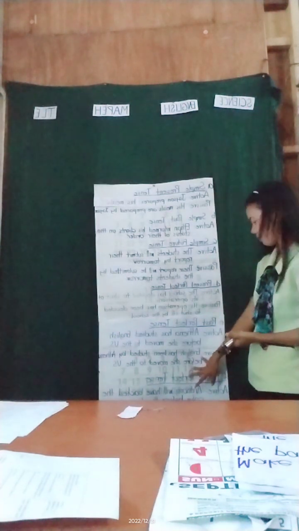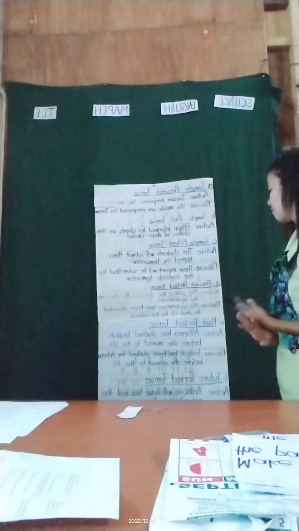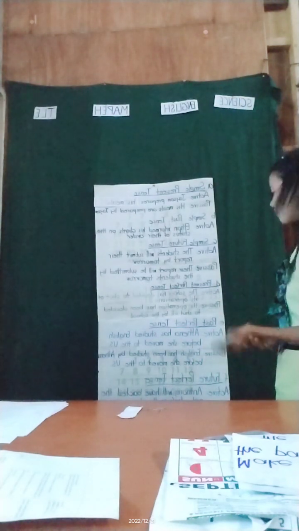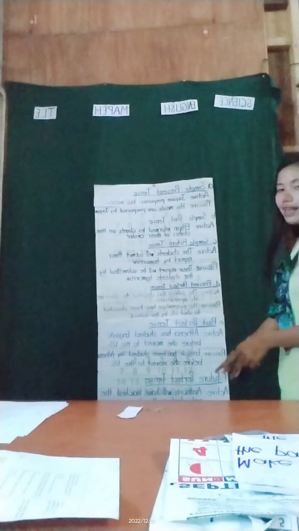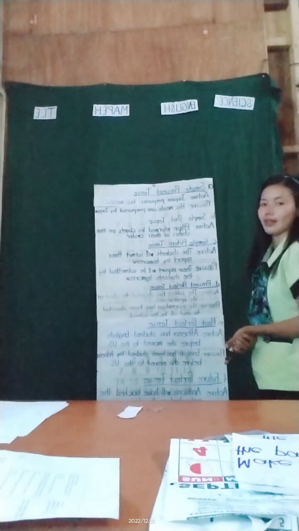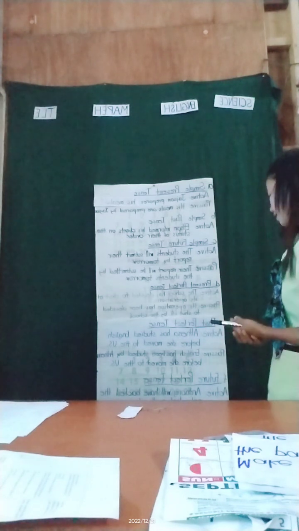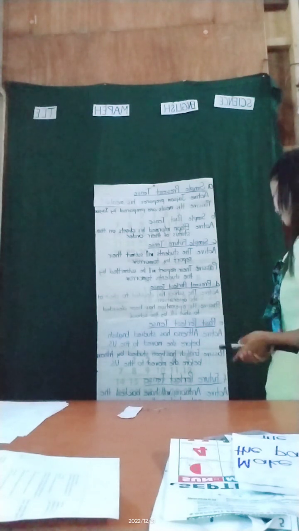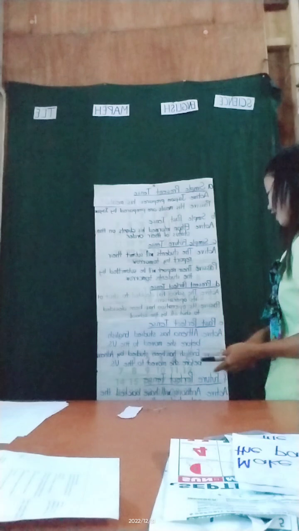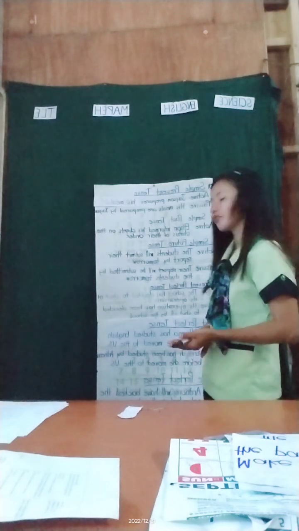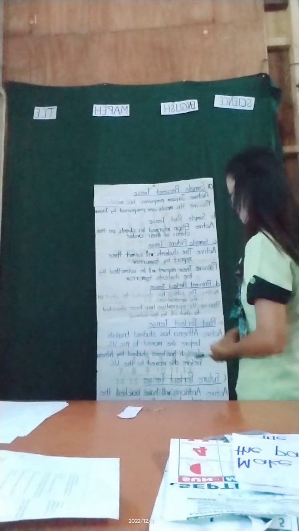And the passive, English had been studied by Athena before she moved to the US. And lastly, future perfect tense. Anthony will have baked the cake before the guests leave. And the passive, the cake will have been baked by Anthony before the guests leave.